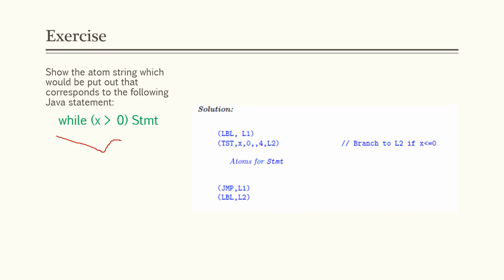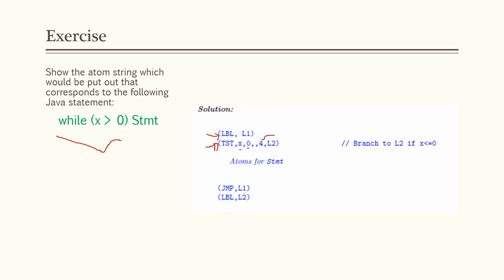For the while loop, if you refer to the previous flow diagram, it starts with a label. You write down the label first, and then you do an operation for the expression, which is a TST. What you want to compare is between x and 0, and the operation is number 4, which is greater than, and then move to label 2, L2.